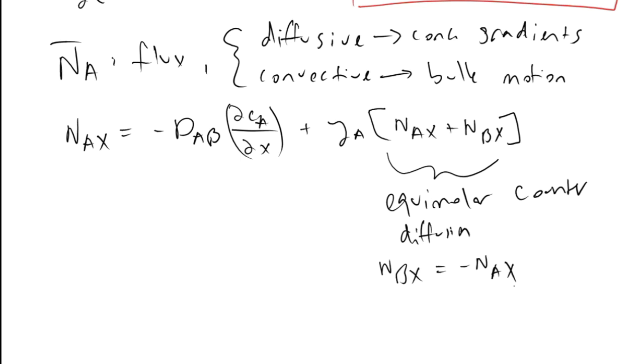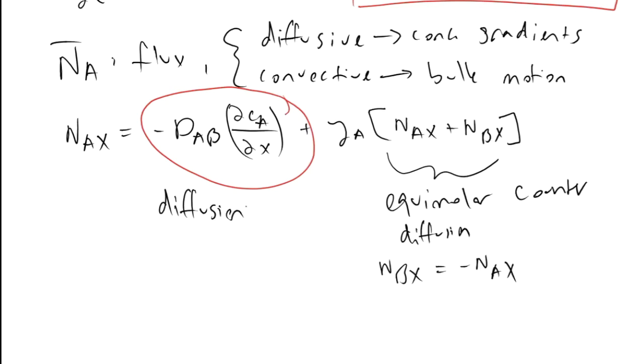So every mole of A that diffuses to the right, you would have a mole of B that diffuses to the left. And in that case, we would have no convective term. So just making it clear, this first term is caused by diffusion, and then the second term here is caused by convection.